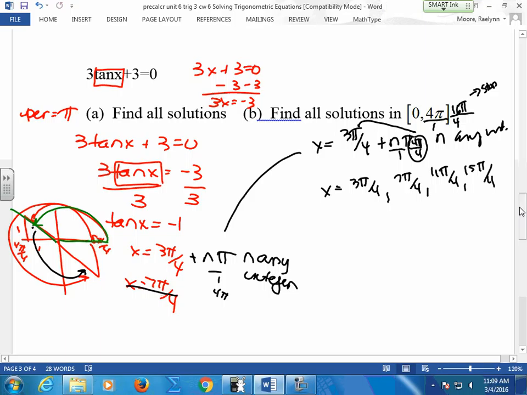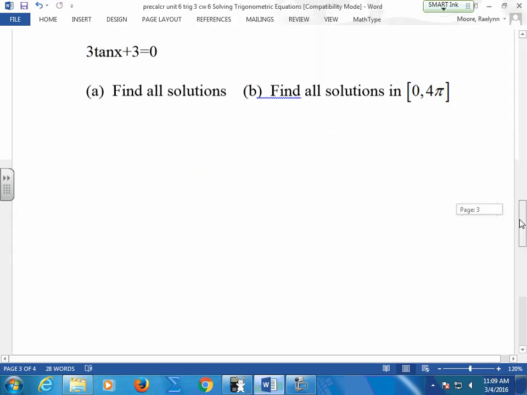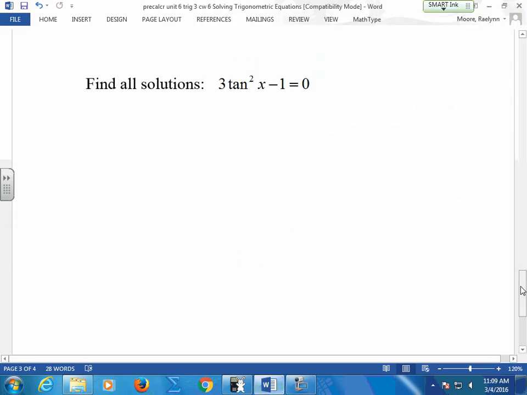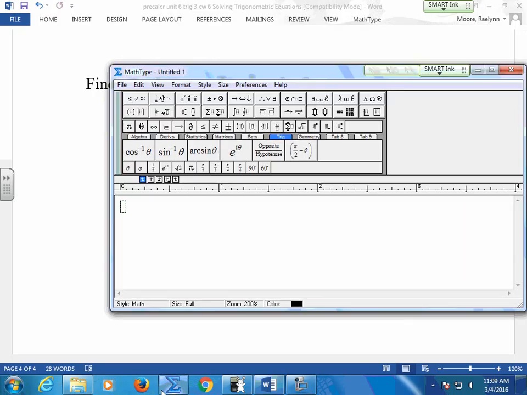All right, see if you can solve the next equation. See if you can solve this for me.